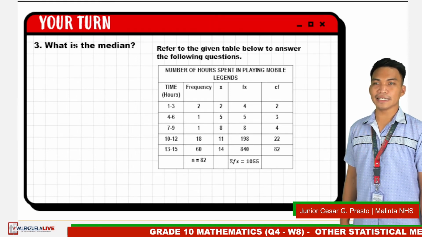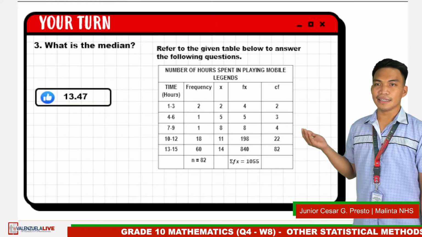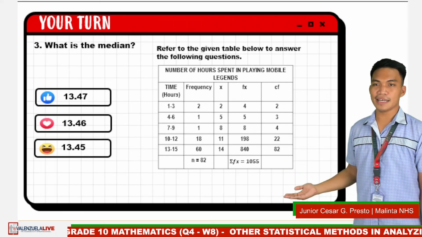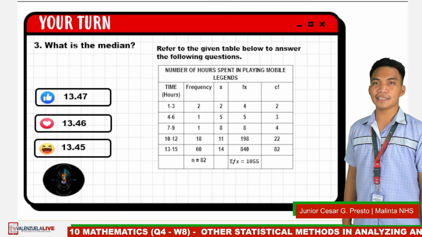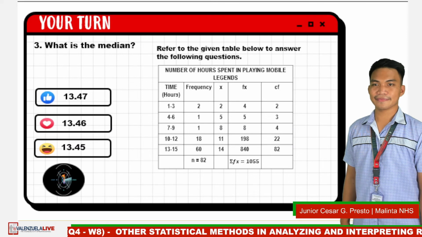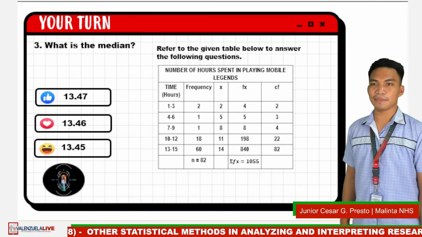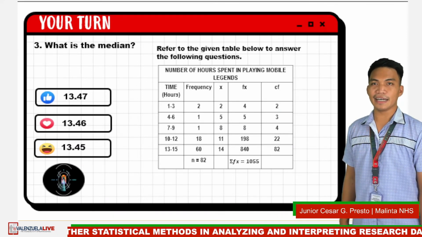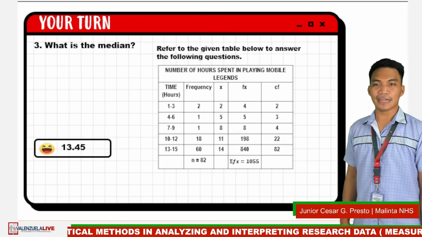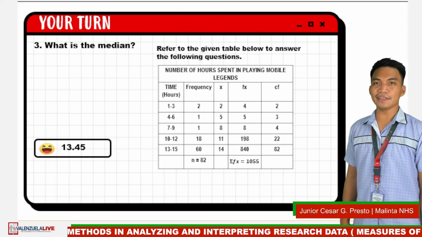What is the median? Is it like, love, or haha? You've got 5 seconds. Go. Time is up. If you've hit the haha react button, nice. You're right. Let's proceed to the next one.